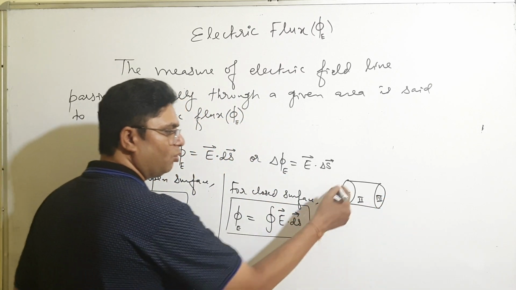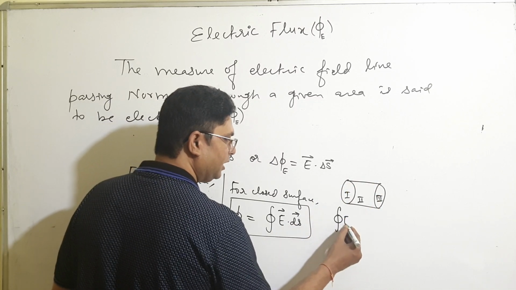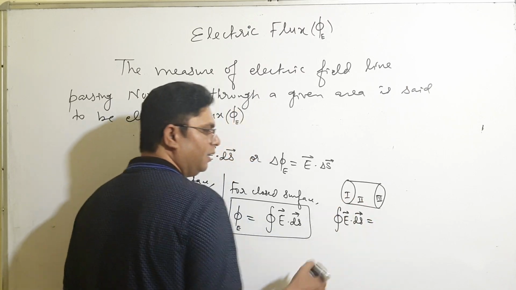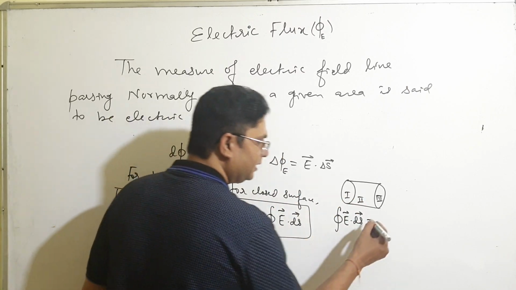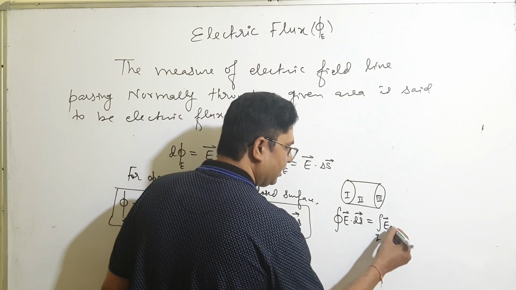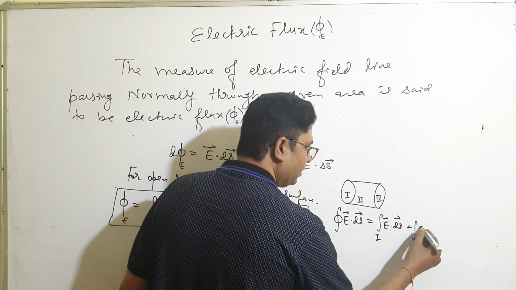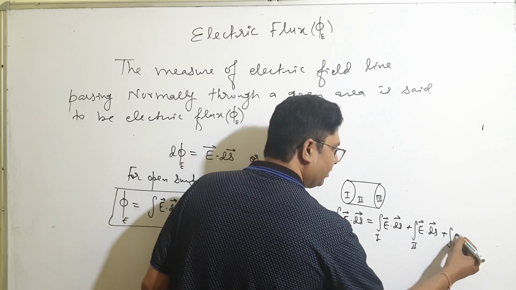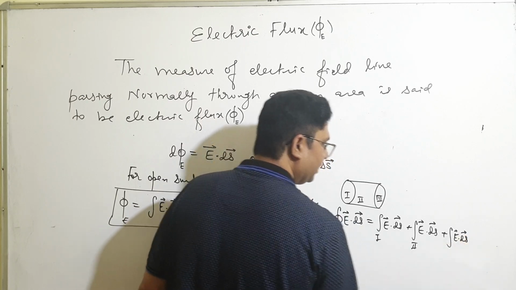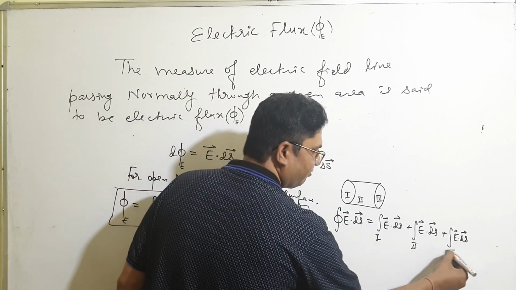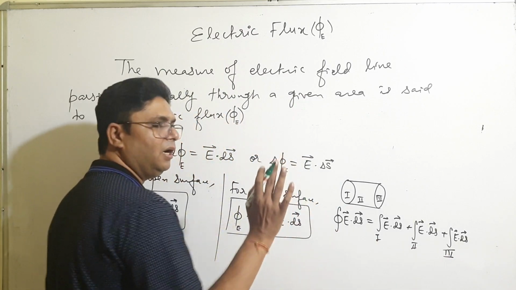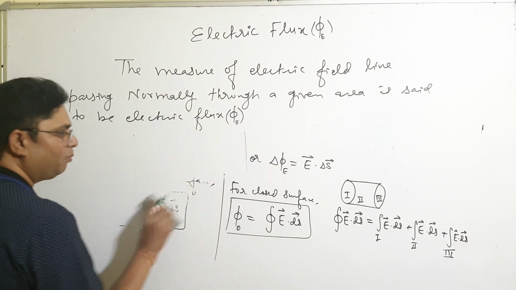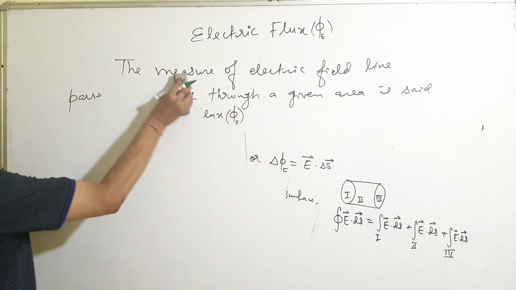So when you talk about closed integration E dot ds of this cylinder, then this can be broken into three surfaces, that is surface 1 E dot ds, surface 2 E dot ds, surface 3 E dot ds. Thus these three surface integrations are added to form the closed surface integration. So you have learned the theoretical part of electric flux.